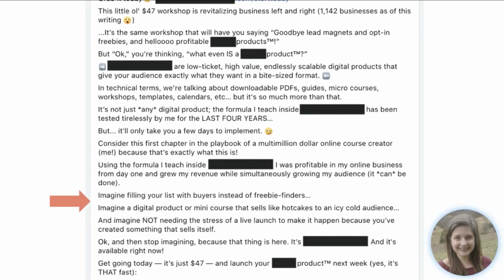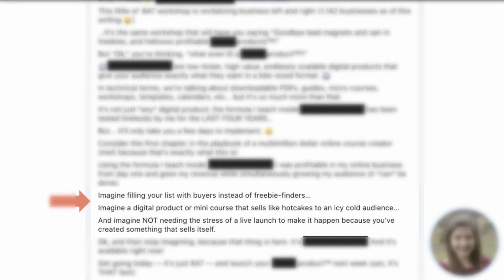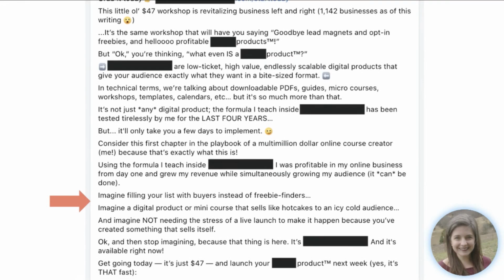All right, number 5, and our only arrow on this page is with our imagine statement, so our future pacing. This is a relatively long ad, and things start to get monotonous, right? There's so little you can do in Facebook in terms of formatting, because you can't bold and you can't do all the things that we can do on sales pages and landing pages and even in documents.